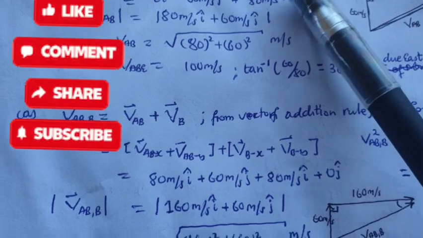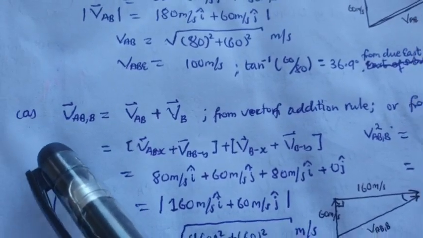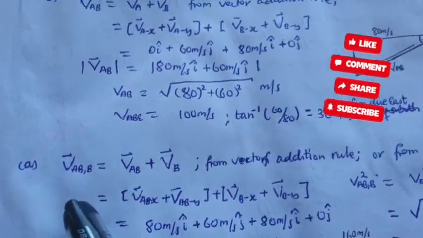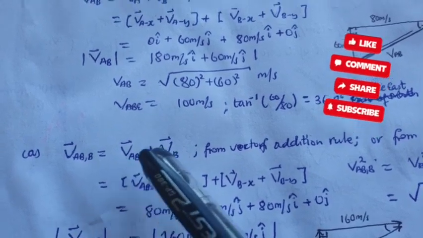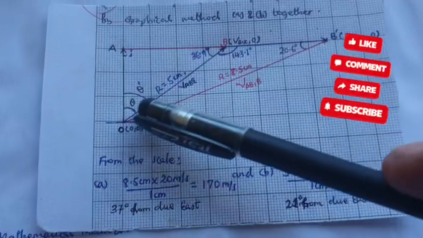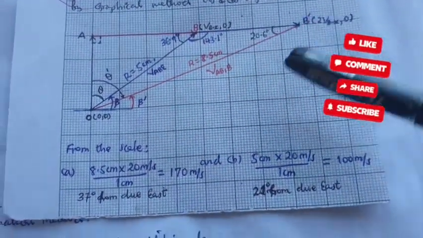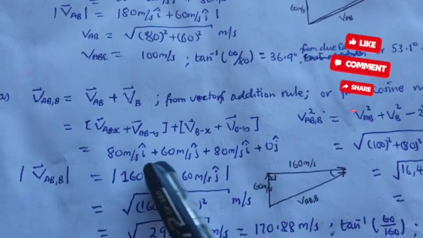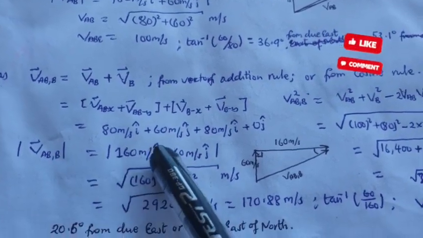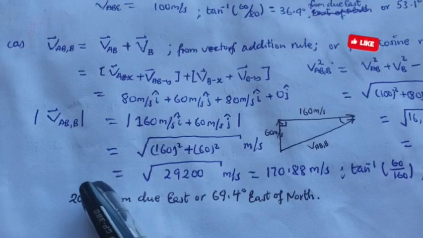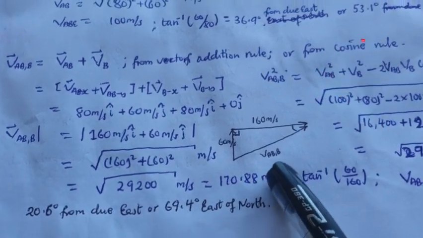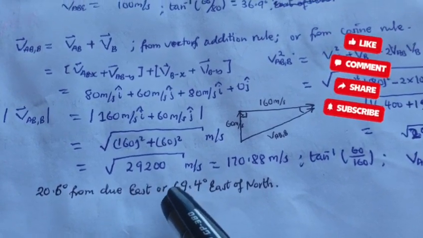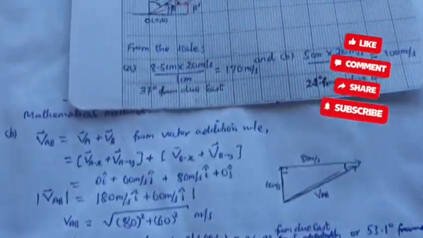Now for part A, the velocity of plane A relative to B as observed by observer B in a moving plane is equal to, from the vector addition rule, we add vector AB plus vector B. Now we apply the magnitudes of the vector AB, then the unit vector will be equal to 1, and our result is 170.88 meters per second, and the direction is 20.6 degrees from due east, or 69.4 degrees east of north.